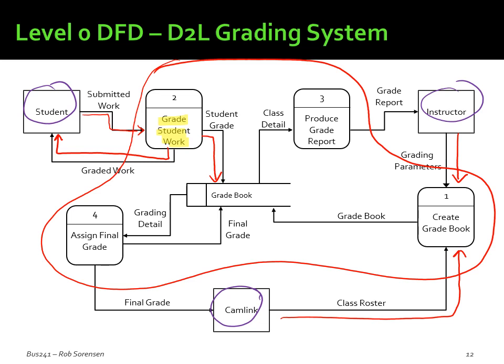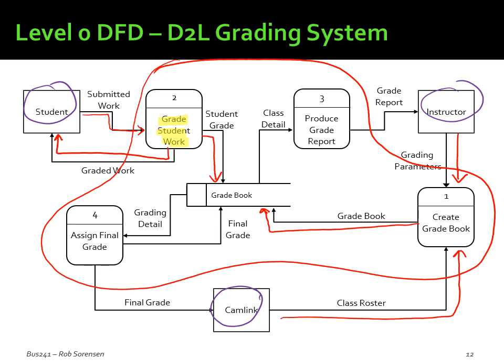Let's imagine it's a finance course, and it takes that information along with the class roster and builds that big gradebook spreadsheet, right? So it creates a gradebook, and so that data flows over there to help create that data store. All right, so gradebook data helps us with the gradebook data store.